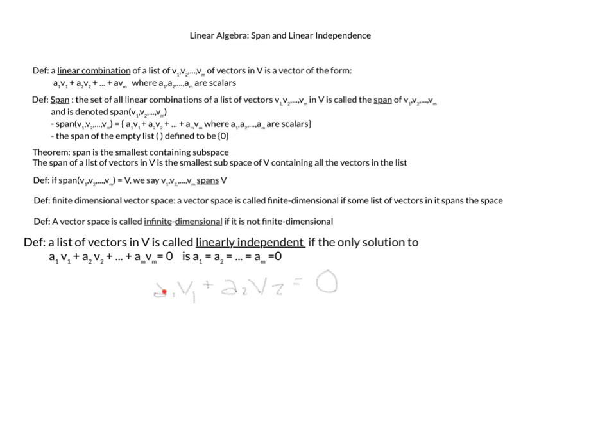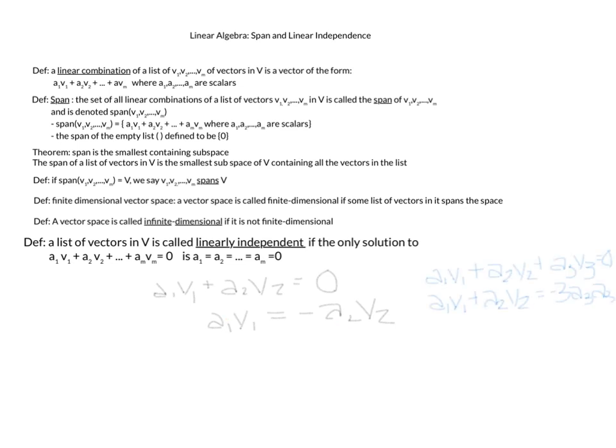If there were something like this, where a1v1 plus a2v2 equals 0, and there did exist a1 and a2 that were not 0, what that would mean is you could write v2 in terms of v1, in which case you would think of v2 as being dependent.